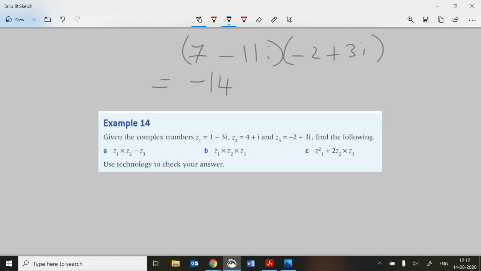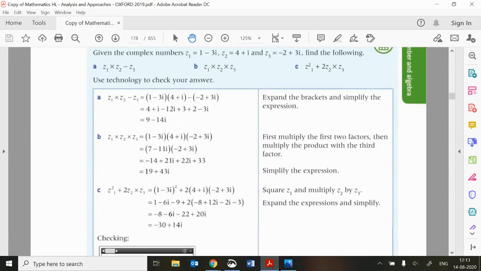So we've got minus 14 and minus 21. Yes, minus plus 21i, sorry. And then we've got plus 22i, and multiplying the last two things out, we've got 33 minus 33i squared, which brings us back to plus 33. So we can see here we're getting 19 plus 43i. Let's just check we've got that one right. Hurrah, we got that one right.